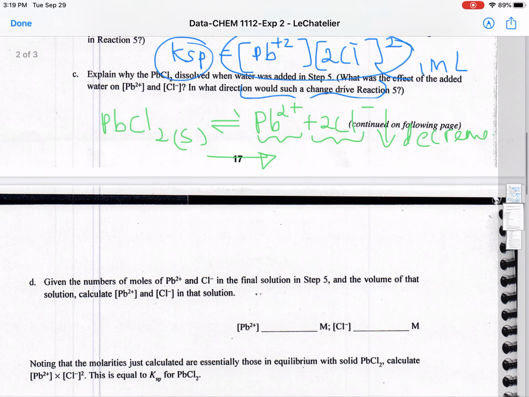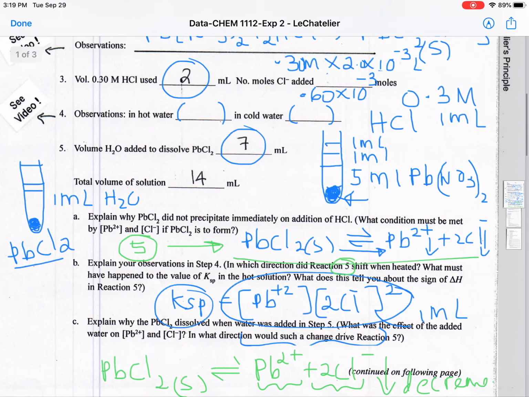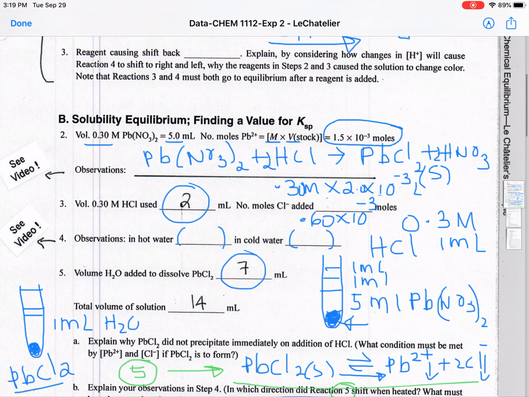and then the next one, given the number of moles of lead ions and the chloride ions in the final solution in step 5. So what is the final solution in our step 5? In step 5, we add just enough water to dissolve lead chloride, 7 milliliters.